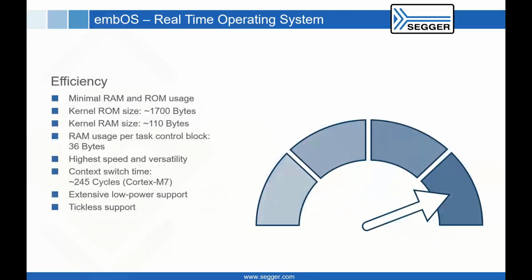Efficiency is another trait of embOS. Since we've been working on it for so long, as you can imagine, 28 years ago, the embedded systems world looked very different. There were 8-bit controllers, maybe some 4-bit controllers, long before 16 and 32-bit controllers.